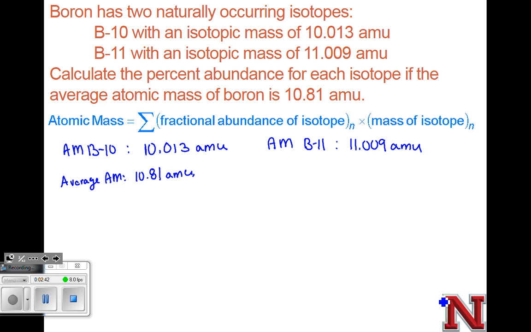When you're answering a problem like this that's maybe a little bit more difficult, we know that our atomic mass is equal to the summation of our fractional abundance of one isotope times the mass of that isotope, plus the fractional abundance of the other isotope times the mass of that other isotope. So we know some information there. If I were to fill this in, what I see is I'm going to end up with two unknowns.